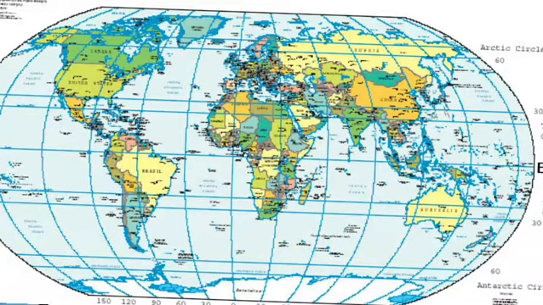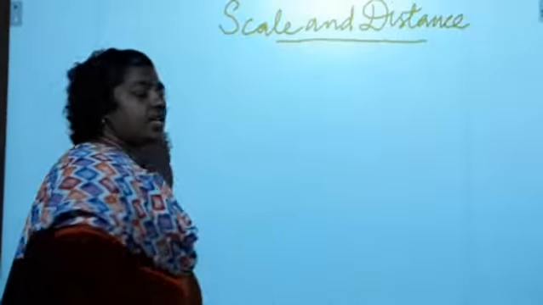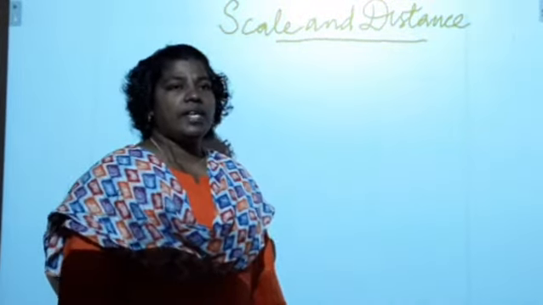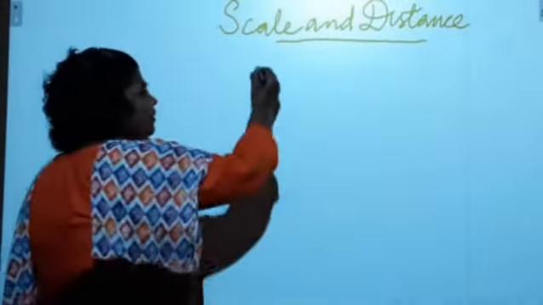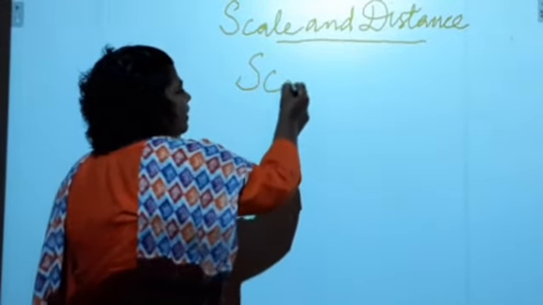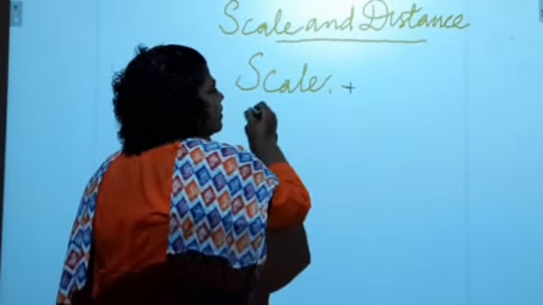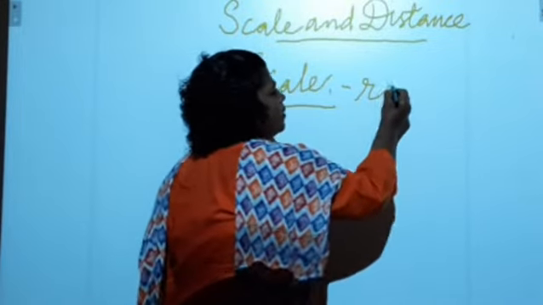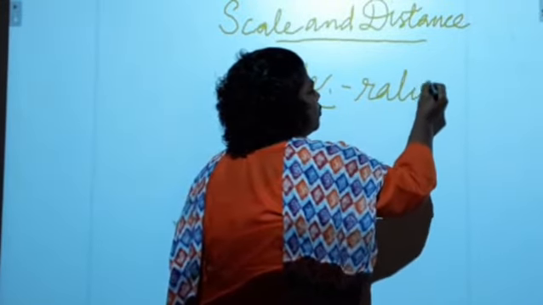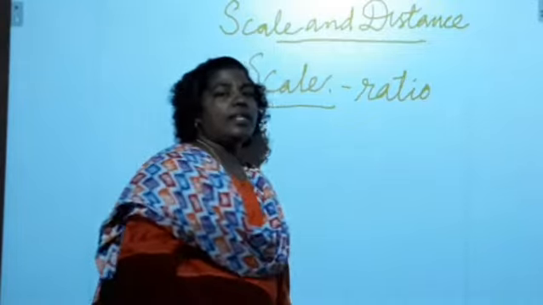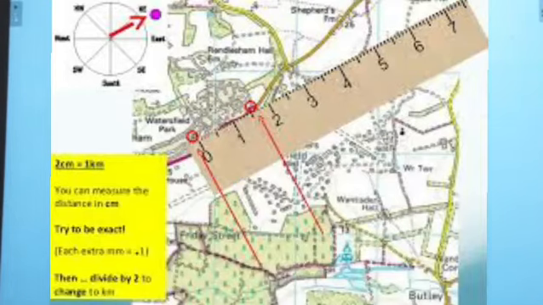Okay, and today we are going to see distance and scale. First, when we say scale, what is scale? Scale is the ratio between 2 places. Okay, the actual distance on the ground and the distance on a map. Okay, why we say scale?